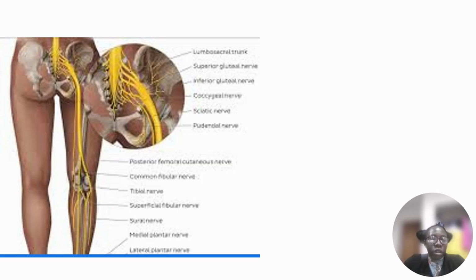For the sacral plexus, the sacral plexus innervates the back of the leg, where the posterior leg muscles are, and it has one important nerve, which is the sciatic nerve, and it is very important because that nerve runs from the sacrum.